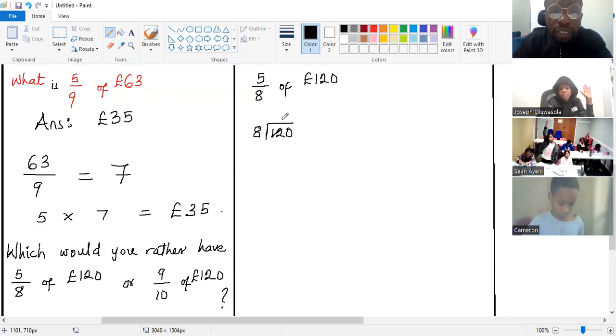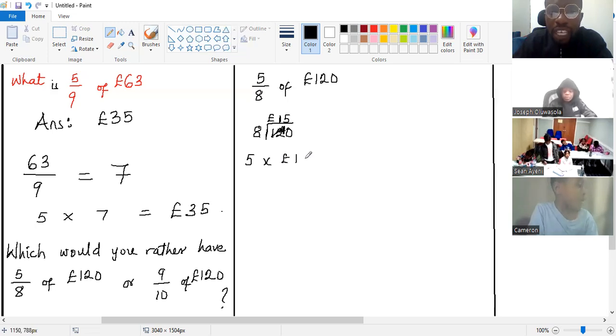Yes, Eden Grace? 1. What's the remainder? The remainder is 4. So 40 divided by 8 is 5. So that is 15 pounds, right? So 5 times 15 pounds.